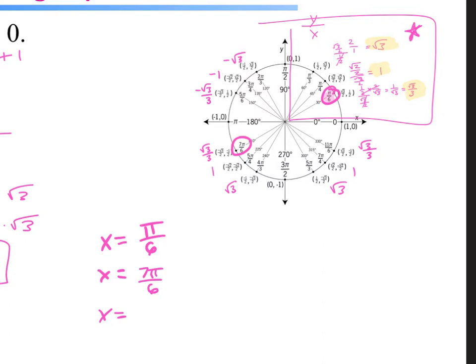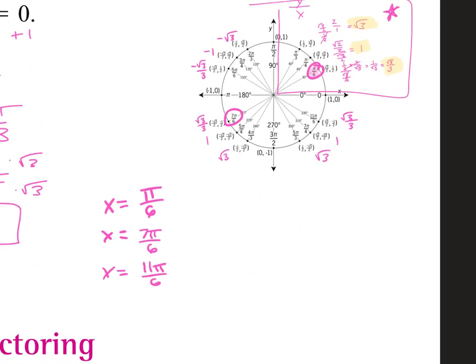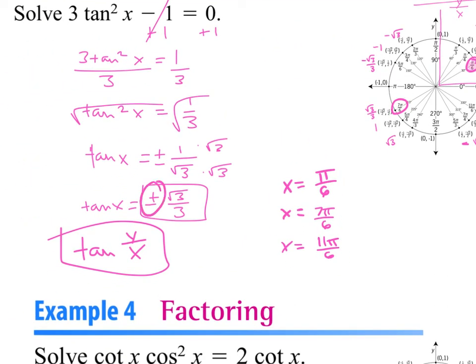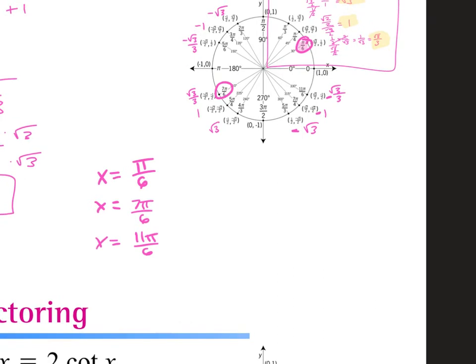Remember, we're looking at 11 pi over 6. Right, but we're looking at the positive or negative. Oh yeah, these are negative. But our x's can be positive or negative, so we need them both. So we're going to have 4 answers. We have 1 left. Where else do we have a positive or negative square root 3 over 3? 5 pi over 6.